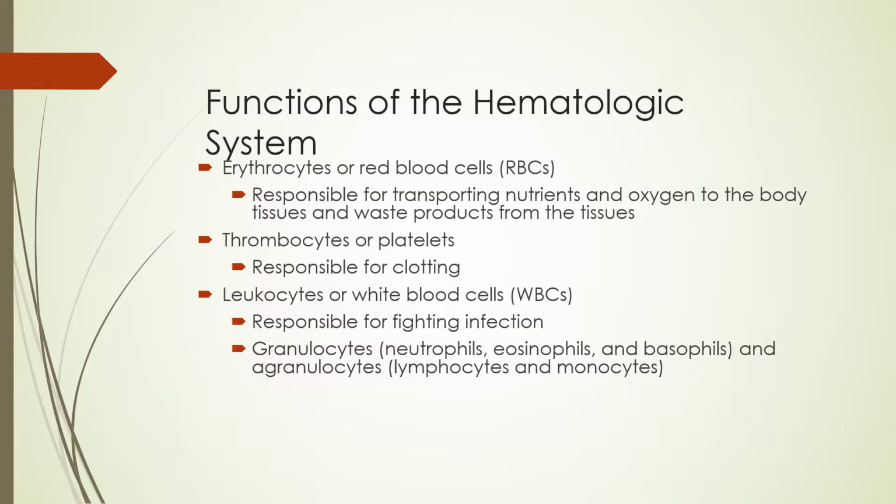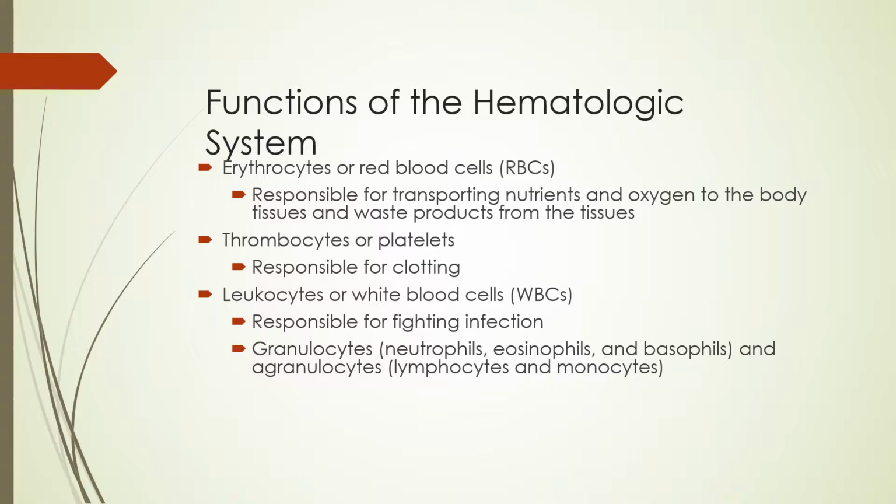Functions of the hematologic system. The erythrocytes, or the red blood cells, that is the function where we get the oxygen. It's for transporting nutrients and oxygen to the body tissue and waste products from the tissues back to often the lungs. The thrombocytes, or platelets, are responsible for clotting. And the leukocytes, or white blood cells, are responsible for fighting infection.